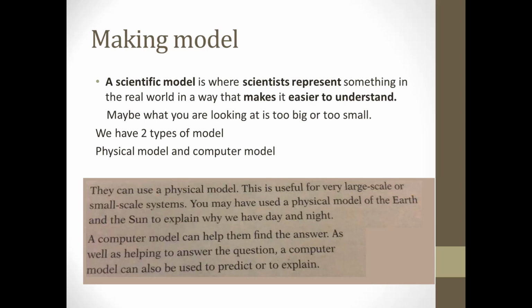Now, what is a computer model? How do we use the computer model? A computer model can help to find the answers, as well as helping to answer the question. A computer model can also be used to predict or to explain. For example, in mathematics, if I have two large numbers, for example, 1 trillion and 5 million, without calculating these two numbers by multiplication and division myself, I can use the computer or the calculator.